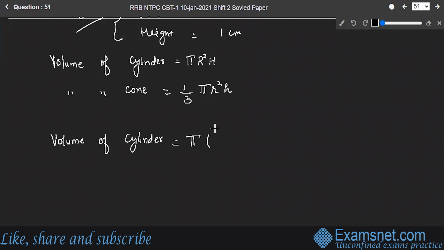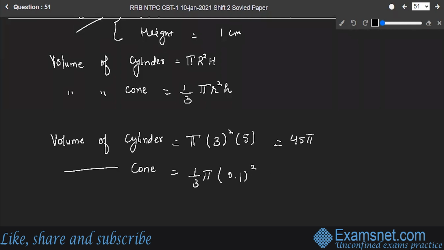In this case the radius for the cylinder was 3 and h is 5, which gives you 45 pi. Now the volume of cone, 1 by 3 pi r square h, radius is 0.1 square into 1, which gives you pi upon 300.